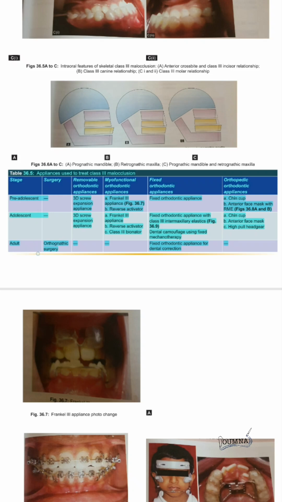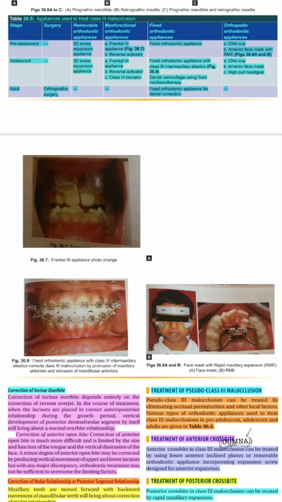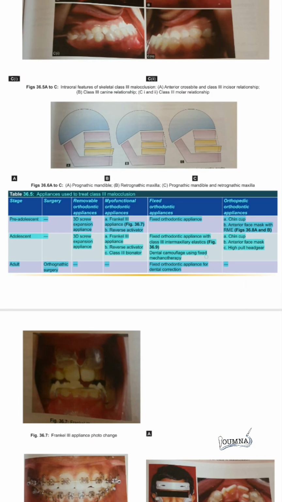We only need it when there is a complete calcification of the maxilla and sutures, the developmental sutures. We can use removable orthodontic appliances like the expansion appliance, where we expand the maxillary arch to get the overlap of the maxilla over the mandible.